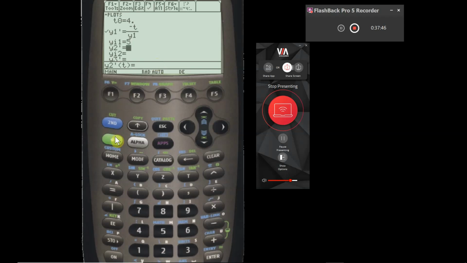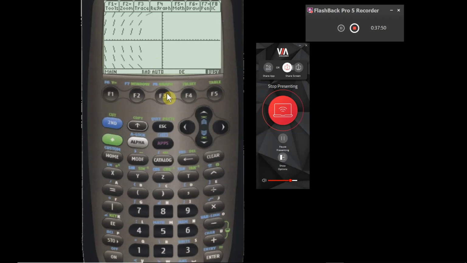And then if I hit graph, what I should see are these concentric circles, and it's going to try to draw one solution. I'm past time, thanks for sticking with me there, but that really is the start of our slope fields.